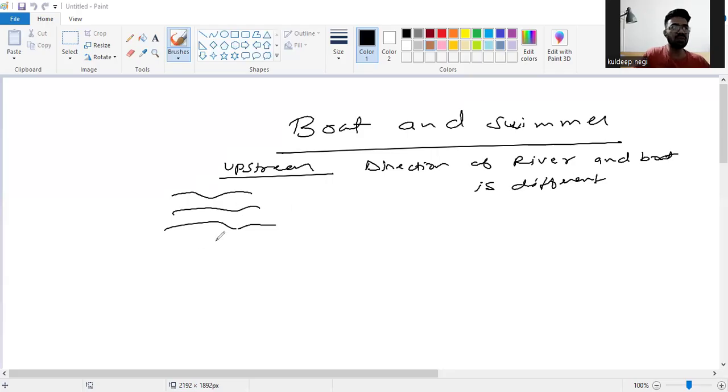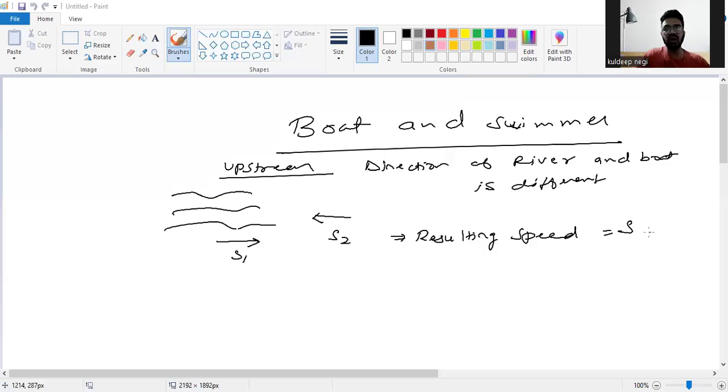So if the speed of the river is S1 and the speed of the boat is S2, your resulting speed will be S2 minus S1.